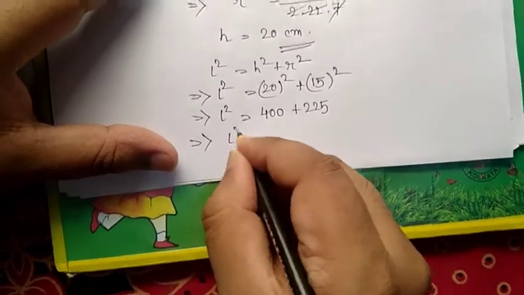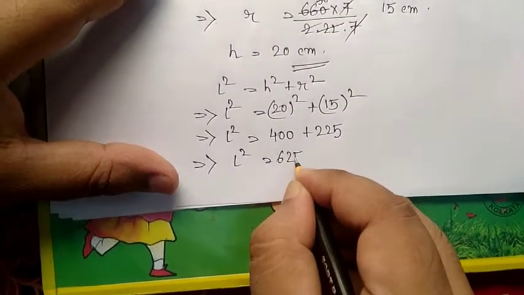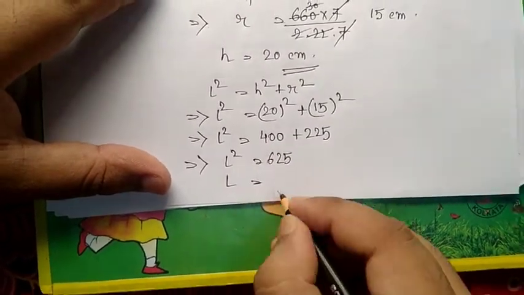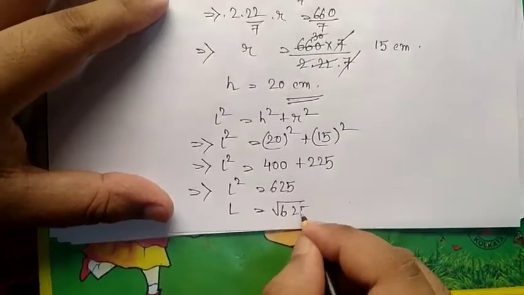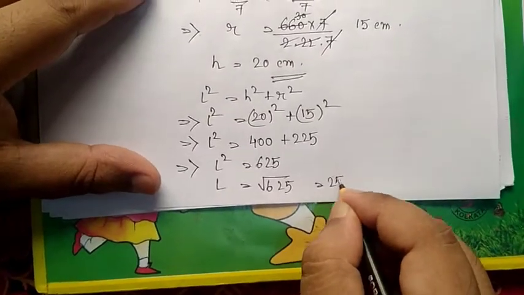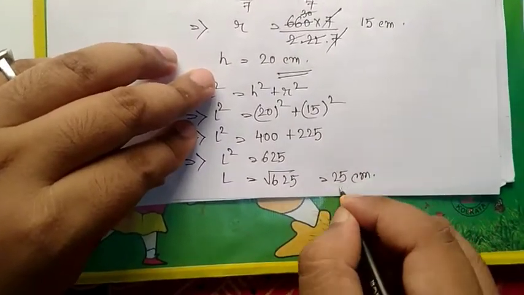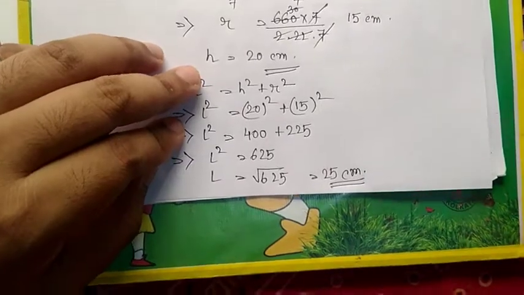So L square equal to 625. So L equal to root over 625 equal to 25 centimeter. Therefore the slant height is 25 centimeter. Application 10.